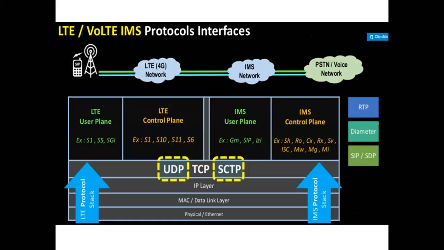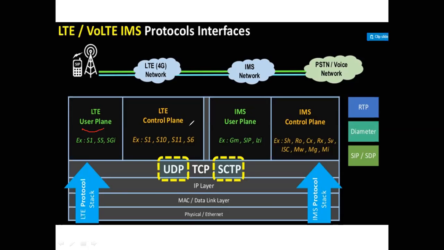So before starting detailed learning about IMS core elements, we'll go through what kind of protocol interfaces there are. In the LTE user plane, for that we use the S1, S5, SGi user plane protocol interfaces. In the LTE control plane, we use the S1, S10, S11, S6 interfaces. These interfaces connect different entities like eNode B, MME, SAE gateway.